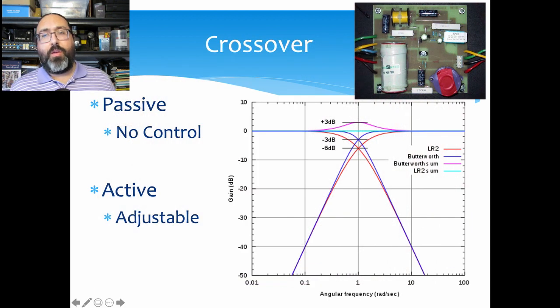So the other thing that most speakers will have is a crossover. Now, passive and active is also used for whether or not a speaker is passive or active with their powering. A crossover itself, and you'll hear it referred to as the crossover between passive or active. So the crossover itself, let me start there, splits the frequency of any driver.